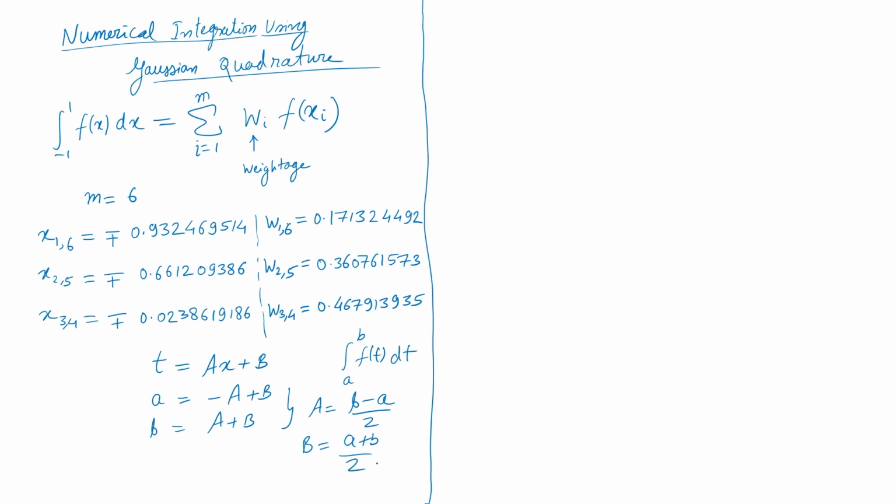And my t now looks like t equals (b minus a) by 2 into x plus (a plus b) by 2, which means if I try to do an equivalence between dt and dx, my dt would be equal to (b minus a) by 2 into dx.